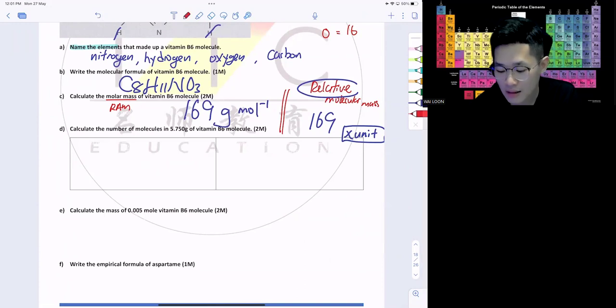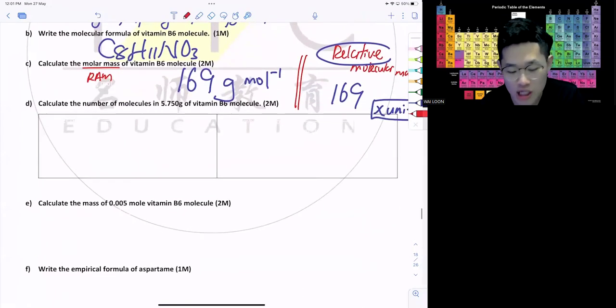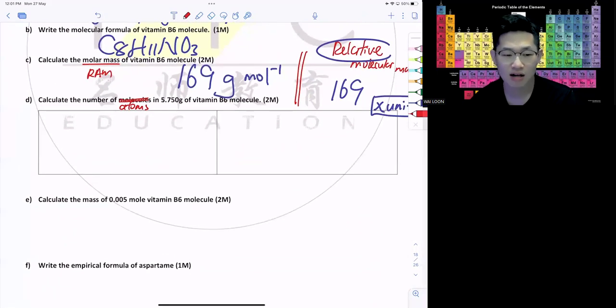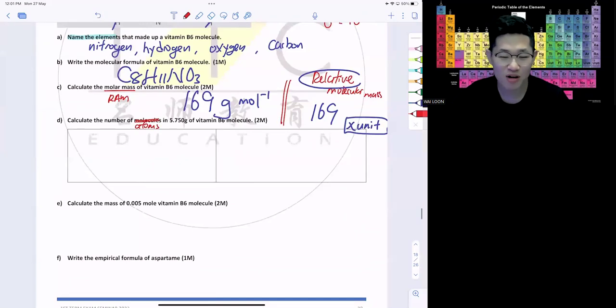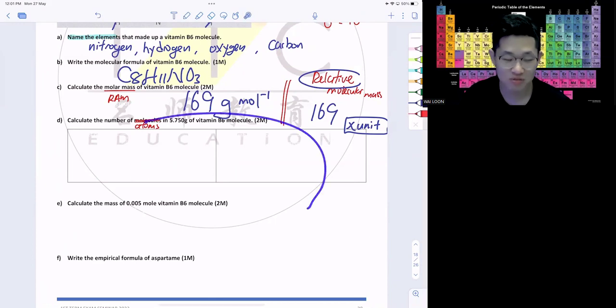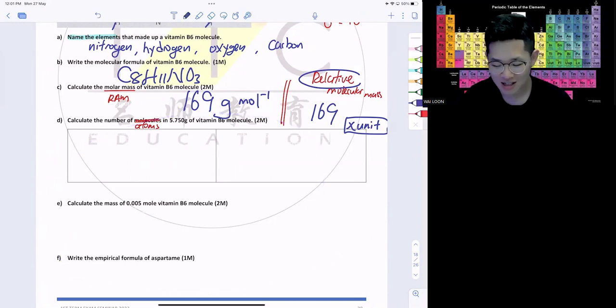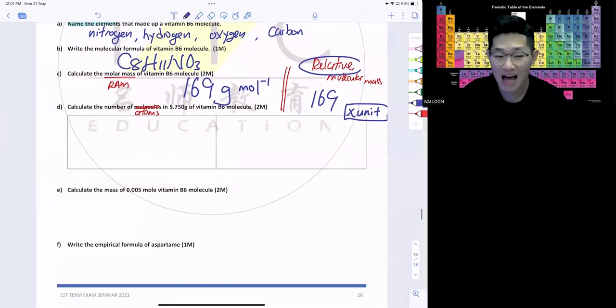Okay, then next. I want to change this question to number of atoms. Calculate the number of atoms in 5.75 gram of vitamin B6. I think this is the last question we can do already, right? Let's go. Number of atoms.